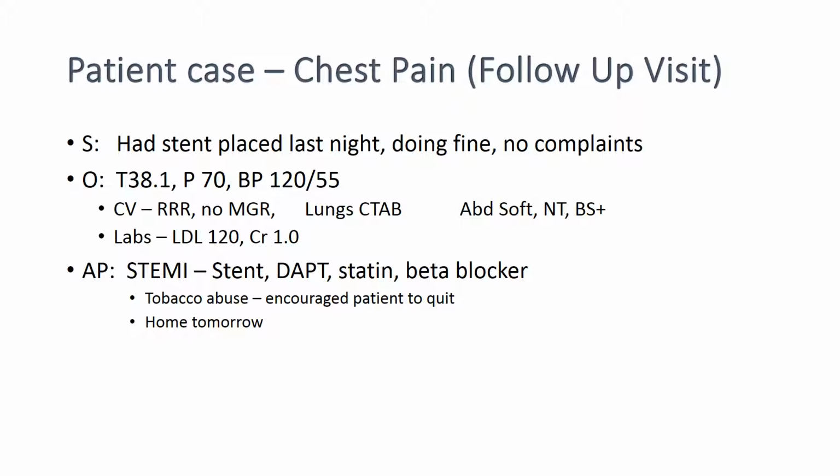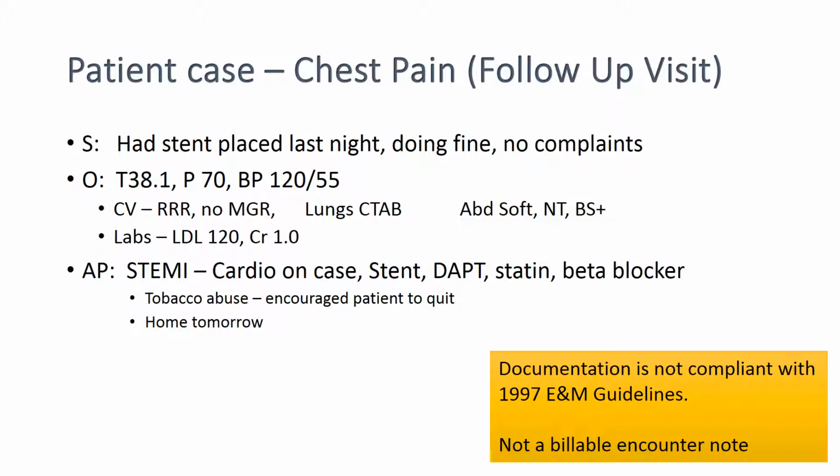He's had a stent placed. He's on dual antiplatelet therapy, a statin and a beta blocker. He's a smoker. We encouraged him to quit, and we plan to send him home tomorrow. Unfortunately, this documentation is not compliant with the 1997 E&M guidelines, and it's not a billable encounter note.